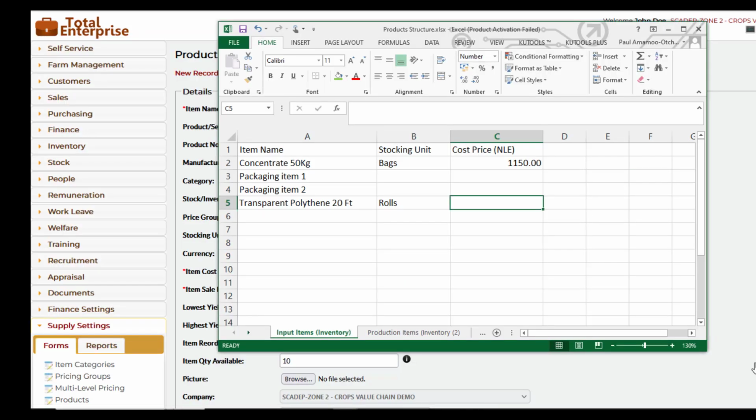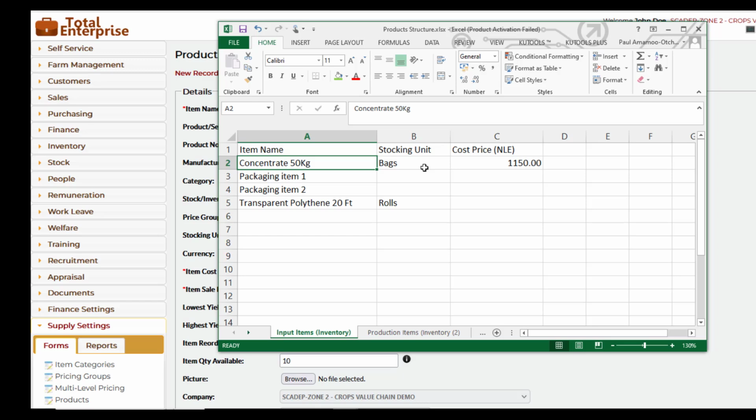I want to explain why in the stocking unit I have bags for item concentrate 50 kg. Why don't I have kilograms as a stocking unit? Why do I have bags? And why do I put the weight in the item name instead? Here's the concept of units when it comes to stock keeping or stock management that we need to understand.